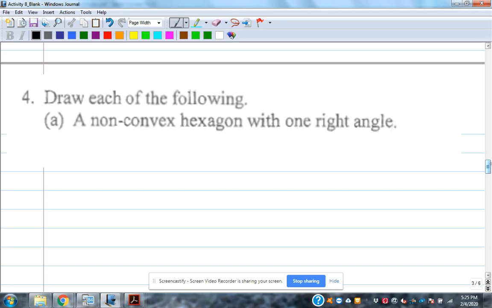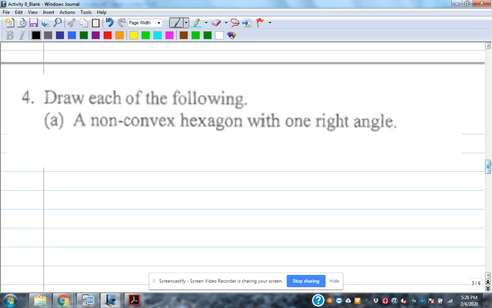So triangle, tri means 3. Then we got quadrilateral, which is 4 sides. Pentagon is 5 sides. Hexagon is 6 sides. 7 sides is a heptagon. 8 sides we know. 9 sides, nonagon, or non-gon is the way I always remembered it, but nonagon is the right word.